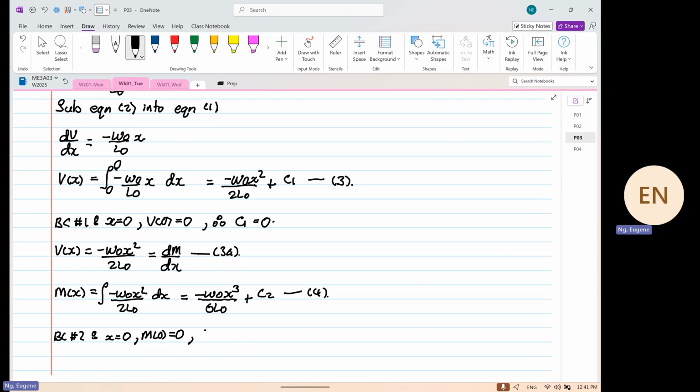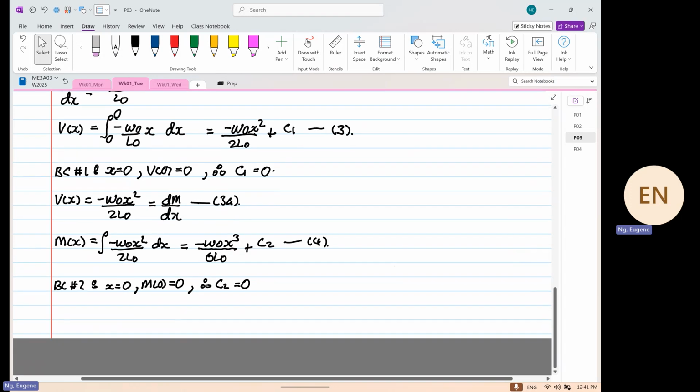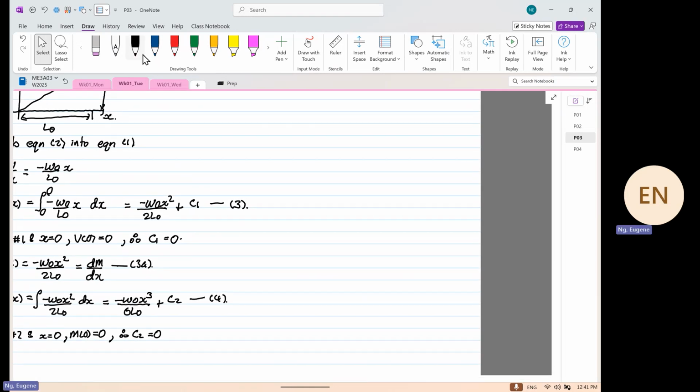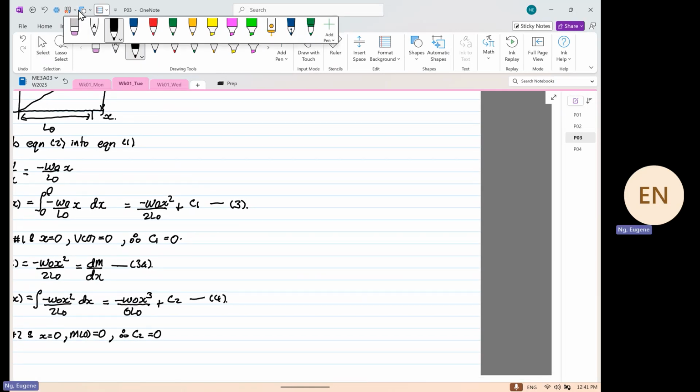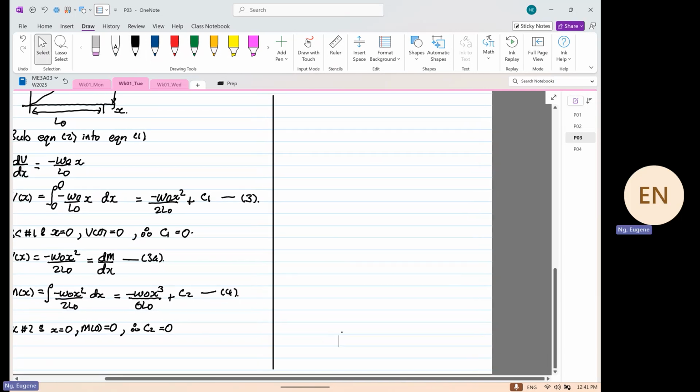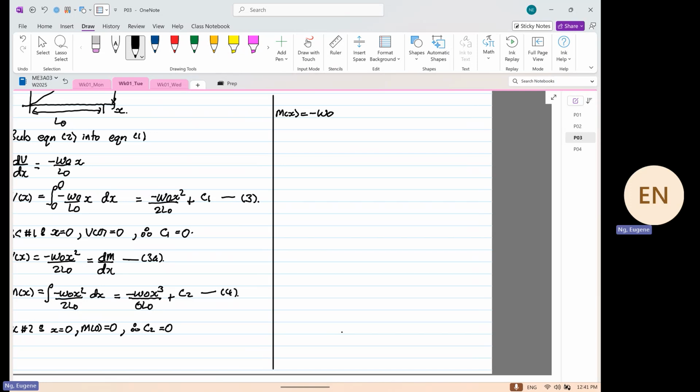Therefore, we can see that C2 is also equal to 0. I'm just going to draw a line so you can see the continuity rather than going to the next page. From here, we can form the equation where M as a function of x is equal to minus omega naught x cubed over 6L naught.